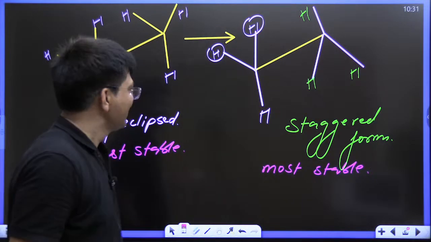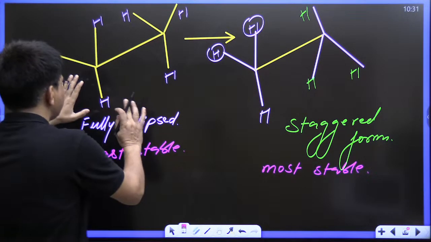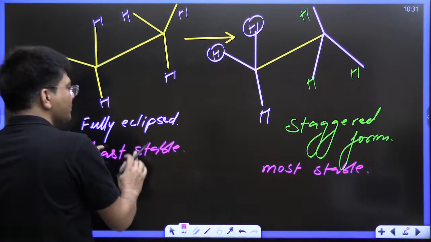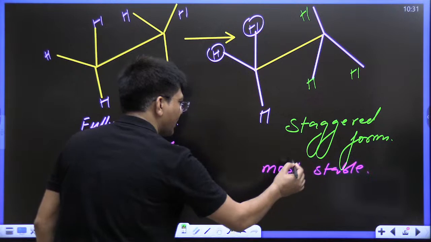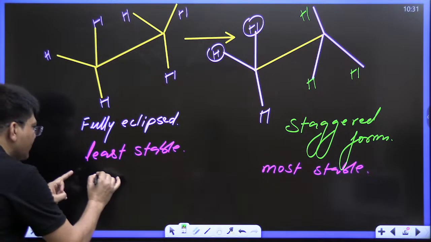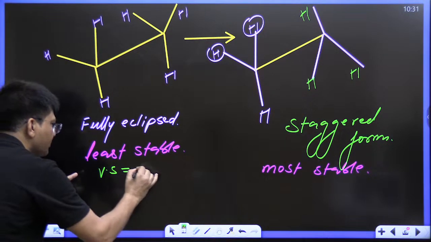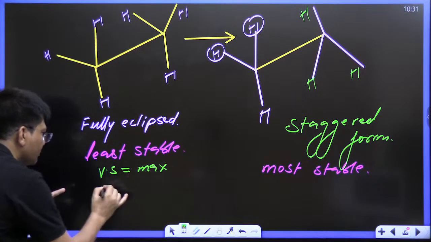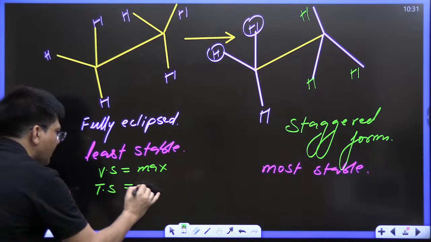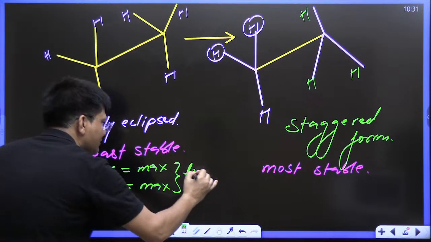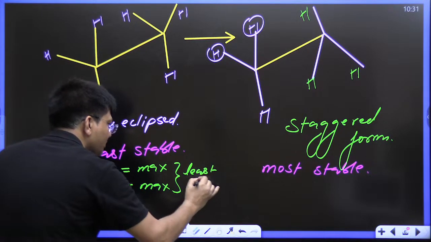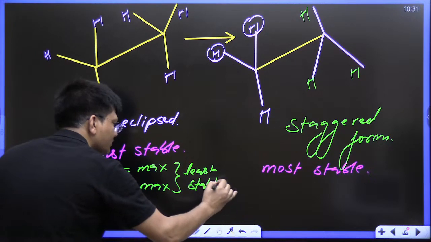Now see, kids. This is your fully eclipsed, that is your staggered. Here the van der Waals strain is maximum. Here the torsional strain is maximum, and these two things make it least stable.